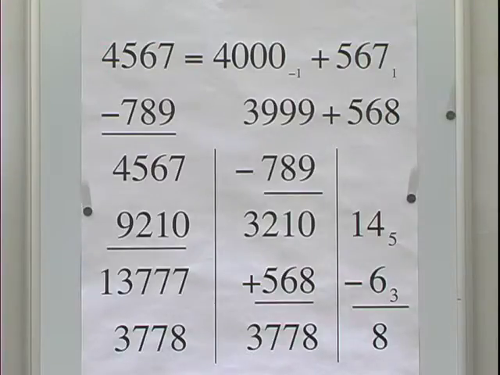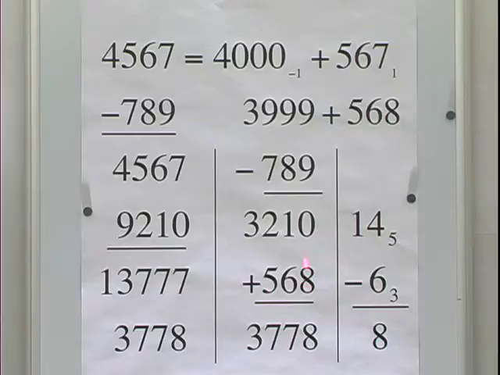Now I'm going to proceed to subtract 789 from 3,999. 9 from 9 is 0, 8 from 9 is 1, 7 from 9 is 2. And then I'll bring down that 3. Notice something, these three numbers are the 9's complement of 789.